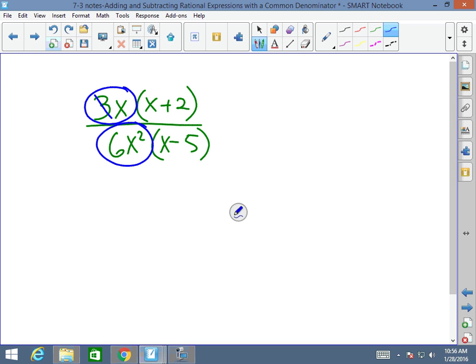A 3 goes into 3 one time, a 3 goes into 6 two times, so I get 1/2. I have 1x in the numerator, 2x in the denominator. Get rid of 1x here and 1x here. I've got 1x here, but can I get rid of this x and this x? No. So this is x plus 2 over 2 times x minus 5. Done.